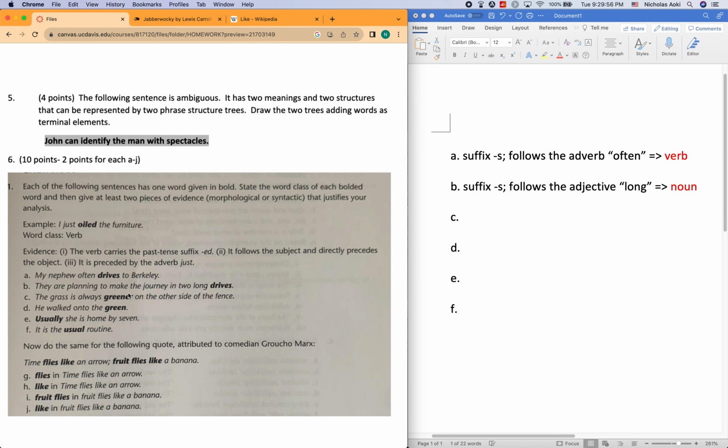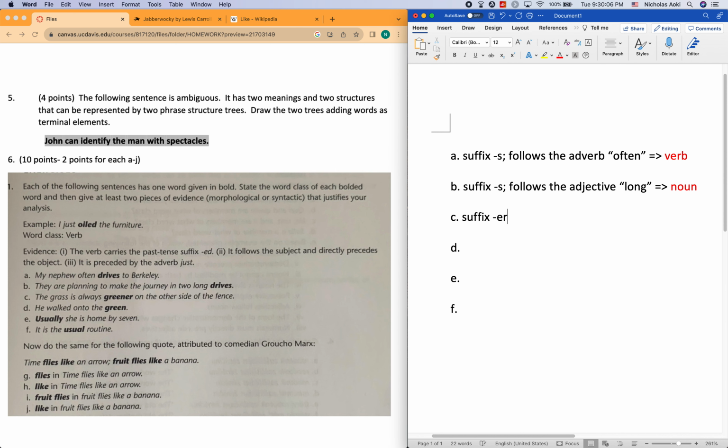So we can say a greener leaf, where greener is describing the noun leaf. So that's morphological evidence. And in D, there's a lack of the suffix er. And that's common for nouns. We don't really follow nouns with er.